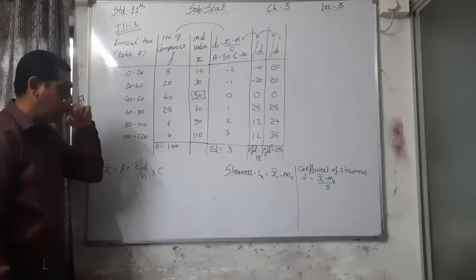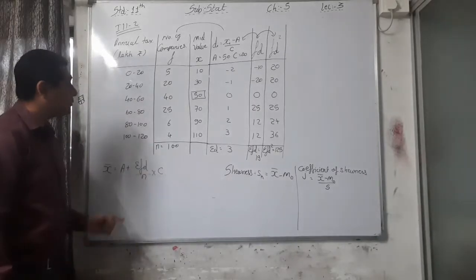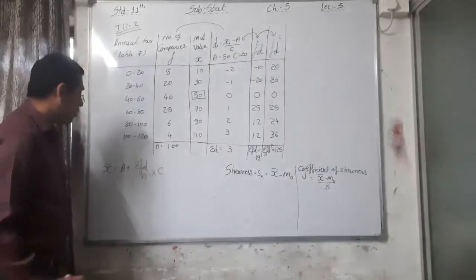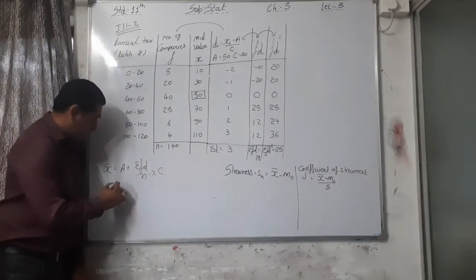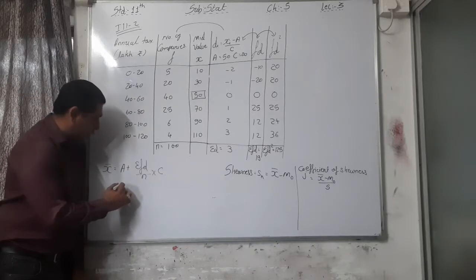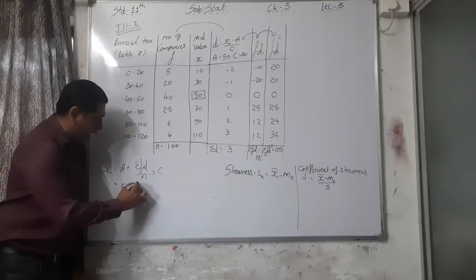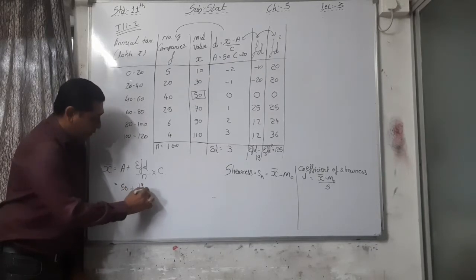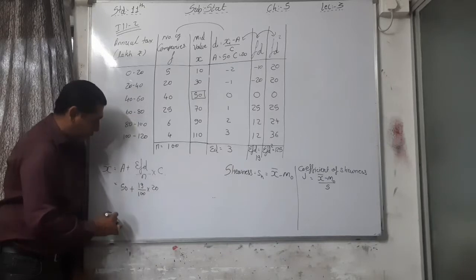Okay, so now you can find out mean, then mode, then standard deviation. Mean is equal to what? Here A is equal to 50, plus sigma FD is equal to 19 by N is equal to 100, into C is equal to 20.